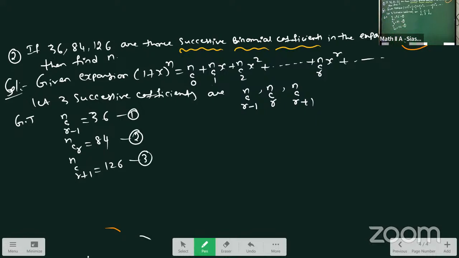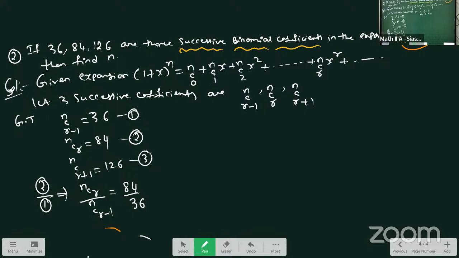Same process, divide equation 2 by equation 1. So what is equation 2? NCR by NCR minus 1 is equals to 84 by 36.